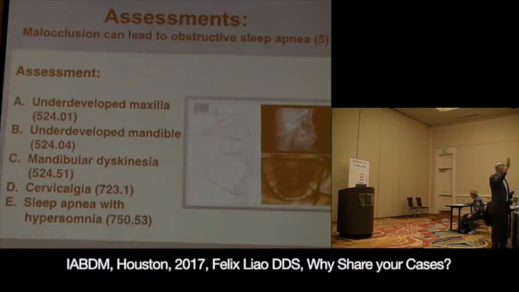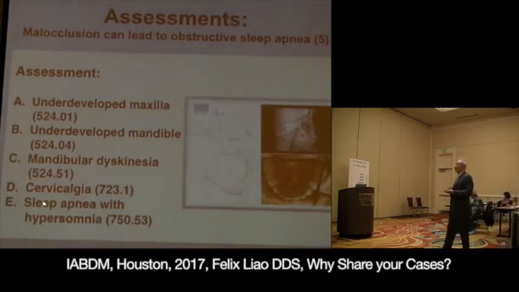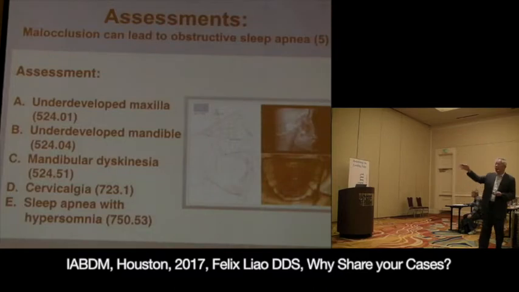Dyskinesia means the jaw jiggles and hesitates and wobbles when it opens and closes. That's called mandibular dyskinesia. Cervicalgia, neck pain. Sleep apnea with insomnia. That's my assessment, and that's what I'll be treating.